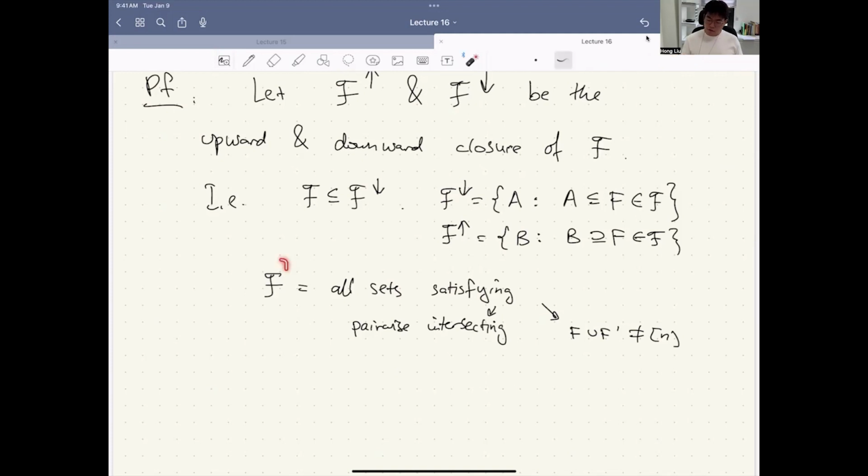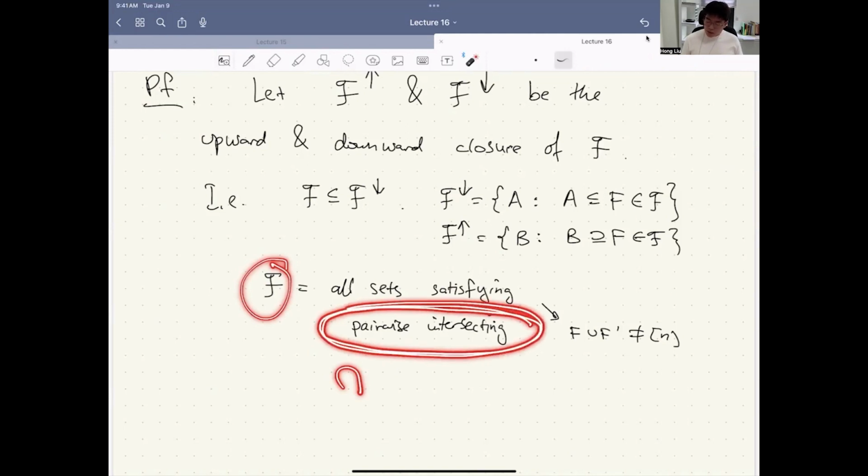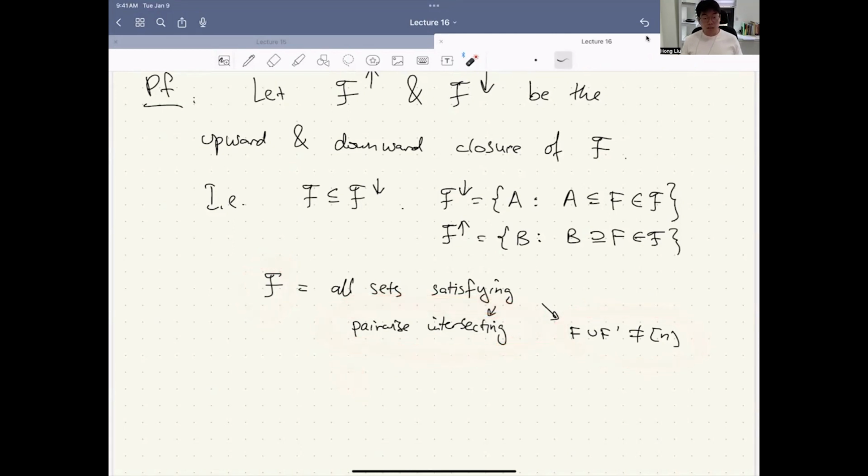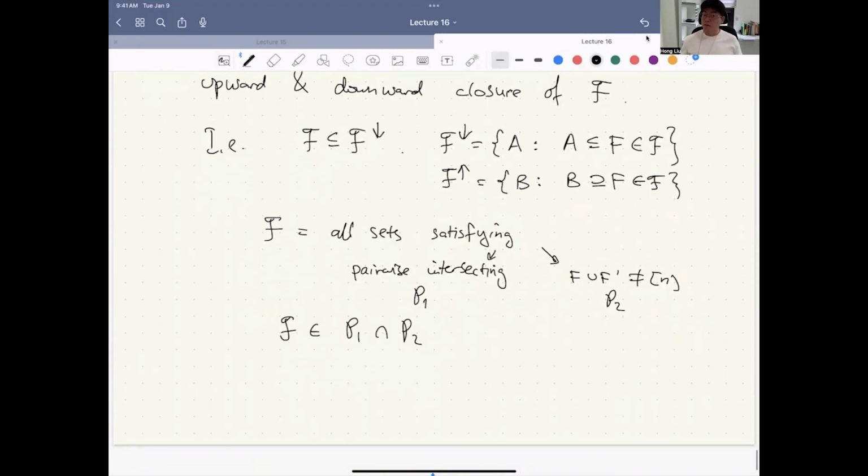So we can think of F as the intersection of the family satisfying the pairwise intersecting property and the family whose complementary family is intersecting. If I call this property 1 and this property 2, then F is in property 1 intersect property 2. Think of it like this.